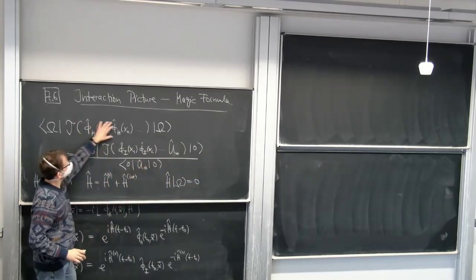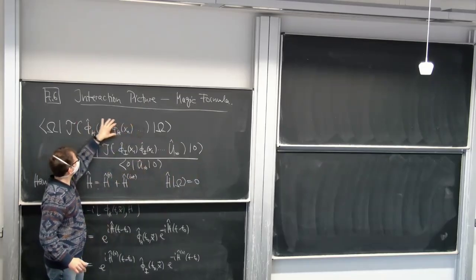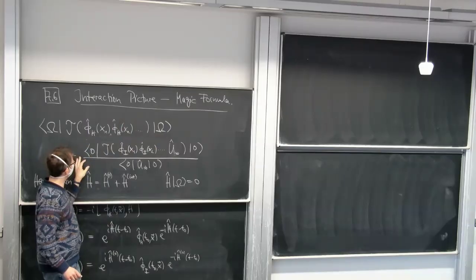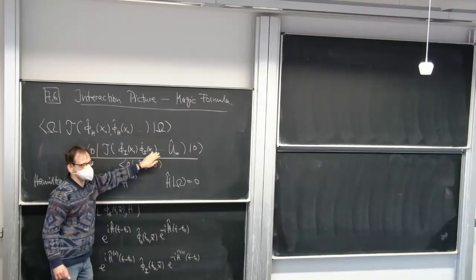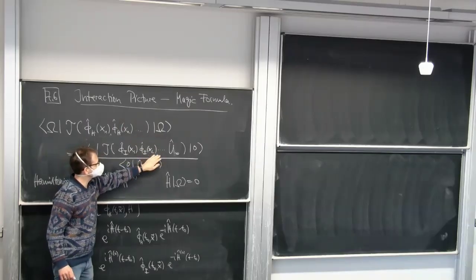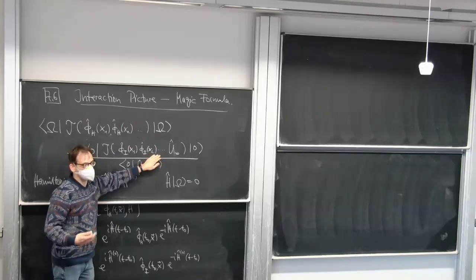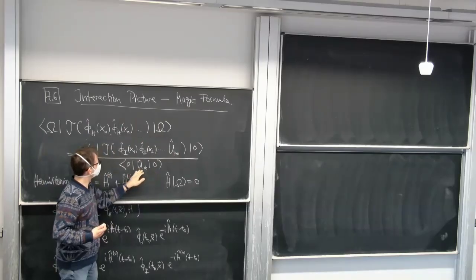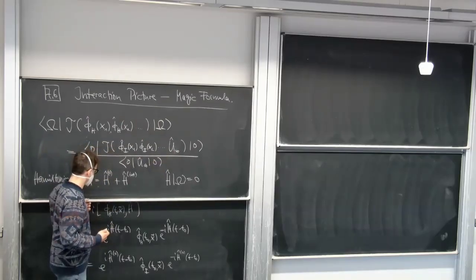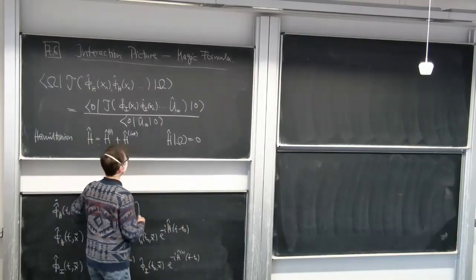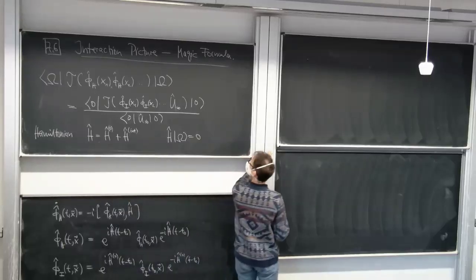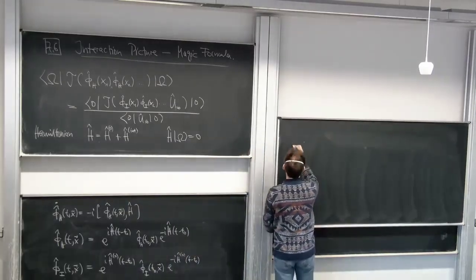So your n-point correlation function in the interacting fields, or the exact vacuum, can be rewritten as an n-point function, just as many points, in an auxiliary free theory divided by some normalization, and this U infinity thing is that normalization.